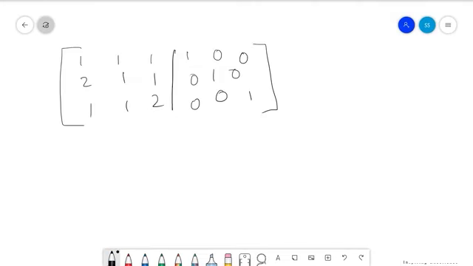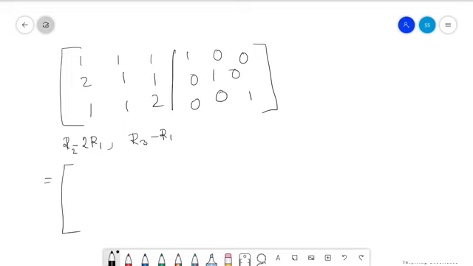So let's proceed. We have our augmented matrix, and the first thing we want to do is take row 1, multiply it by 2, and subtract it from row 2, and at the same time we will take R3 minus R1, that is, we are subtracting R1 from R3.